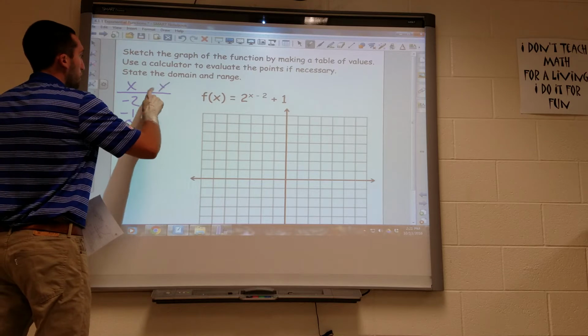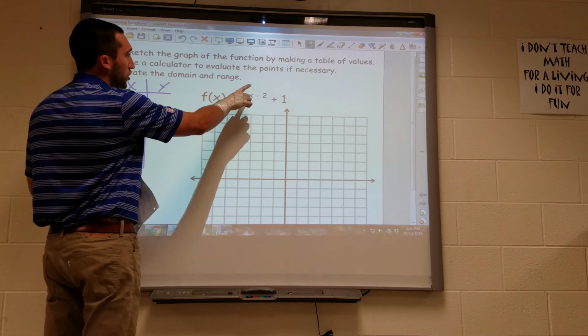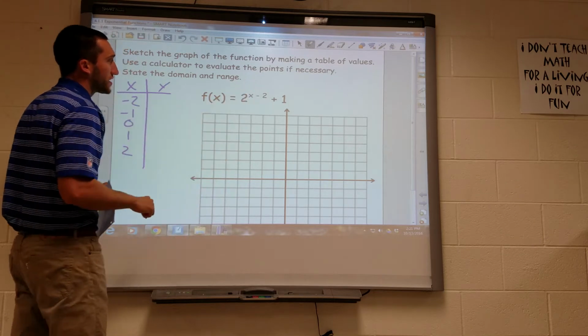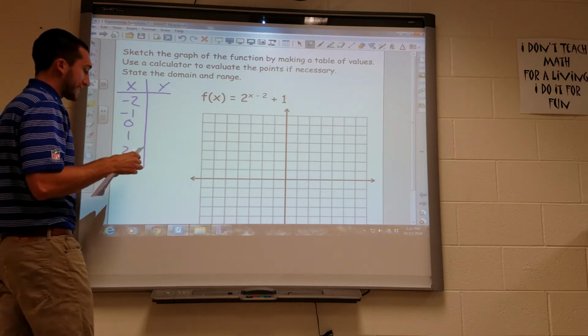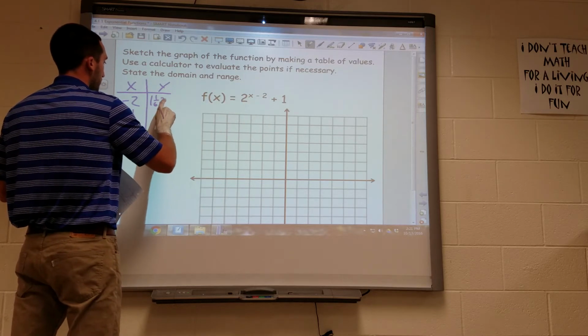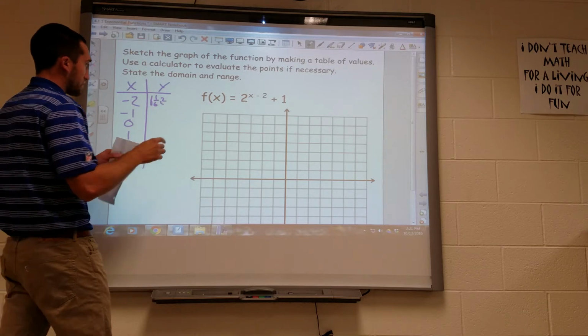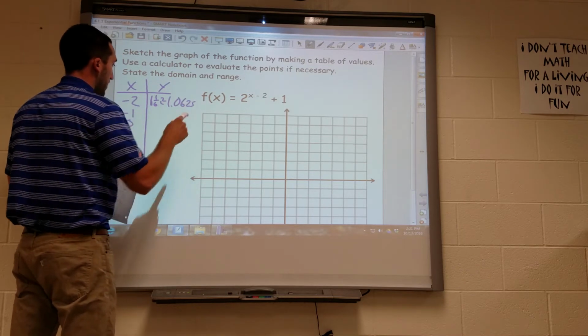And this is just a starting point. You may need to add a couple other points. So if you plug a -2 in, you get 2 raised to the -4, which is 1/16, and then +1 is 1 and 1/16, which is 1.0625.